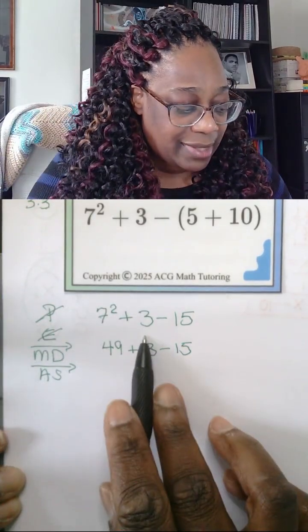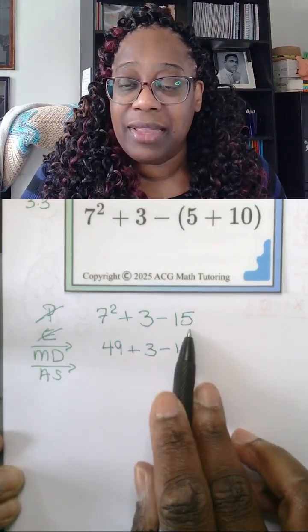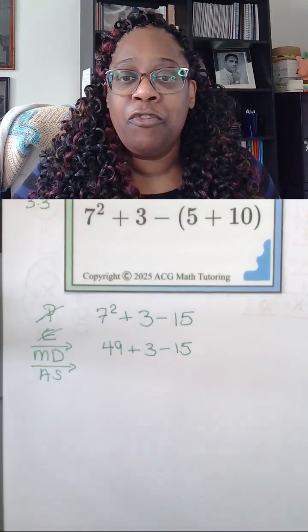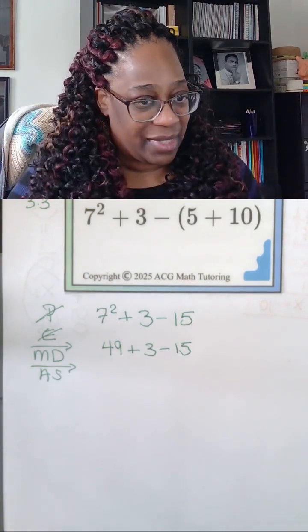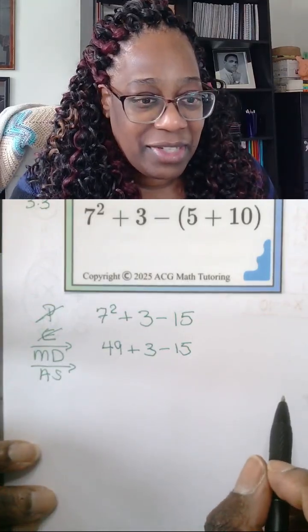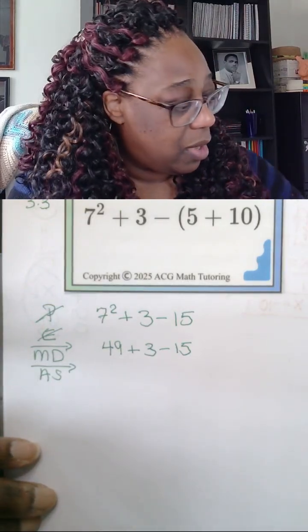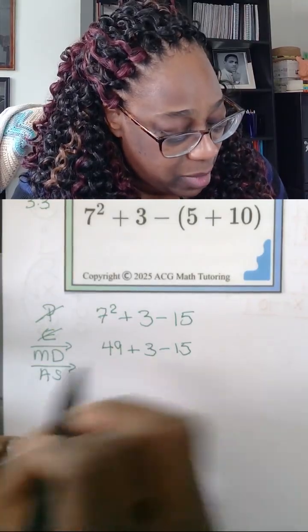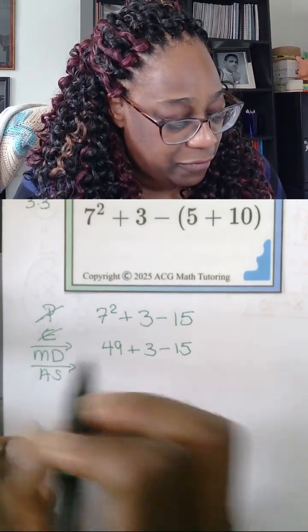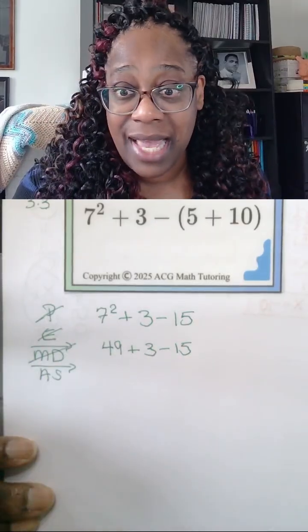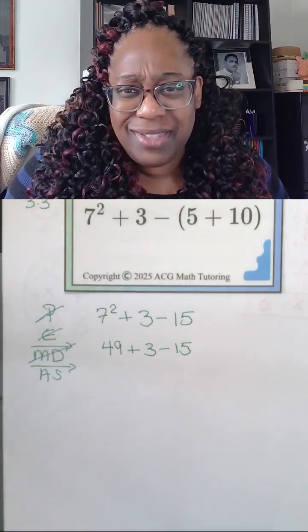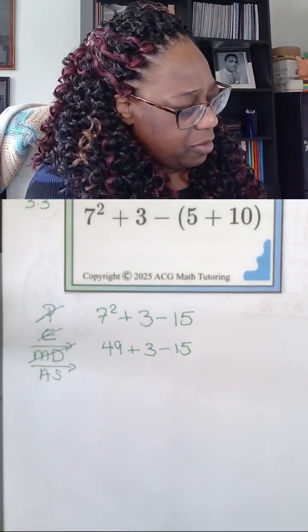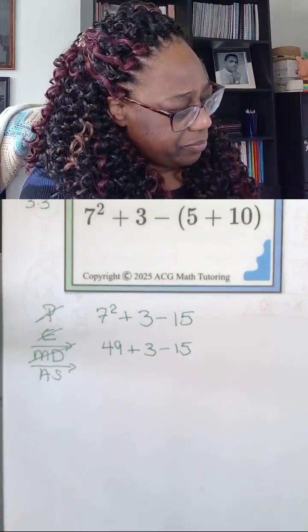Do not combine the 3 and the 15 from left to right. Okay? Now we're going to take a look from left to right. Do we have any multiplication or division? No. So we can skip that step. Okay, we don't have to try to invent a multiplication part. We've got to do what's right there in front of us.